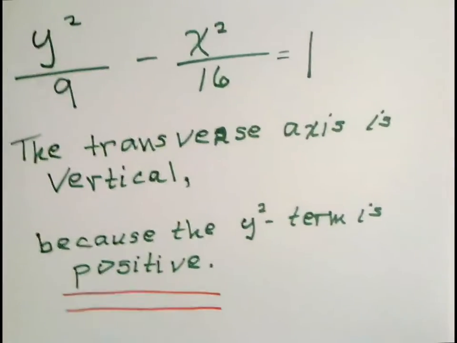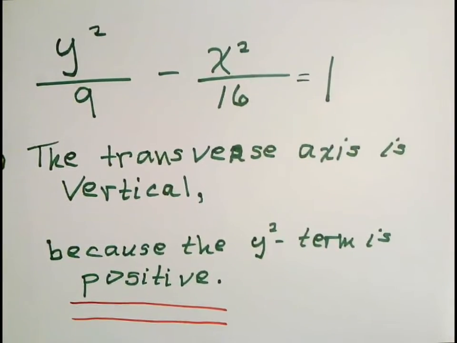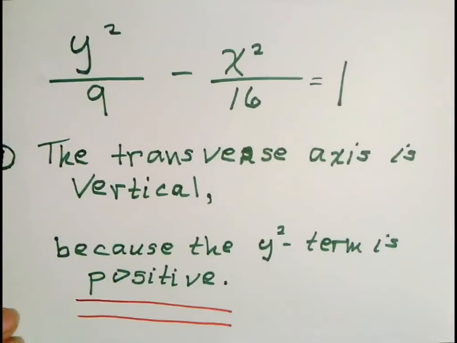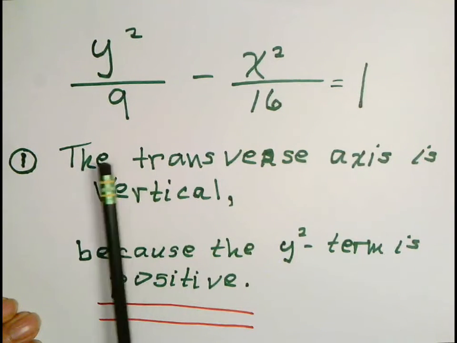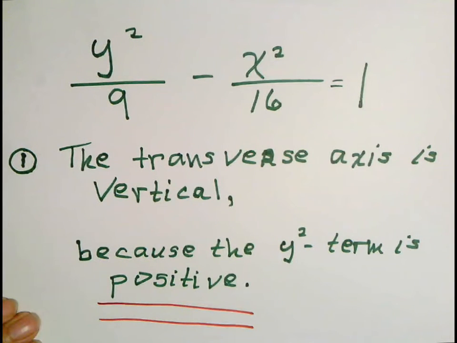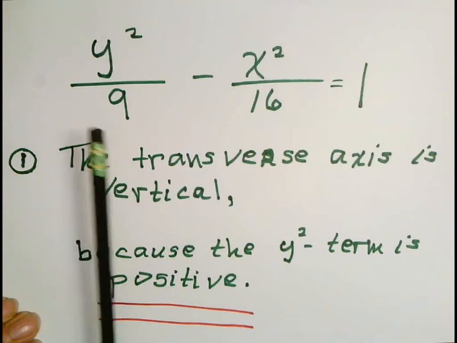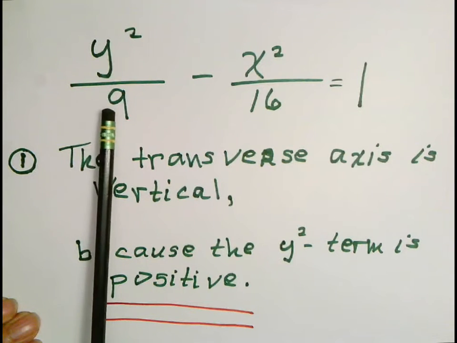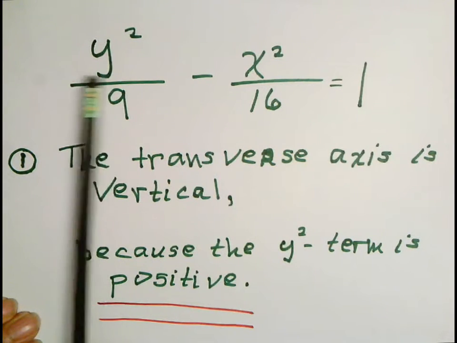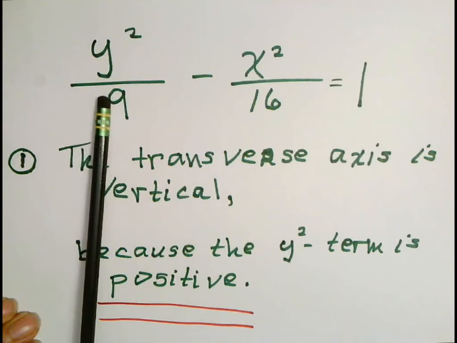So what we're going to do now, we're going to sketch this hyperbola. And the first thing I'll ask is, is the transverse axis vertical or horizontal? It's going to be vertical because you'll notice here that the a square, which is always under the positive term, is under the y square.